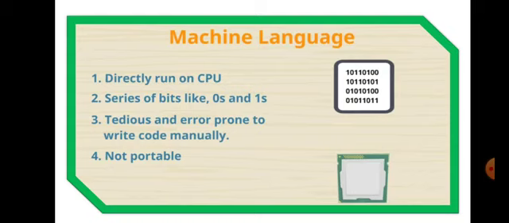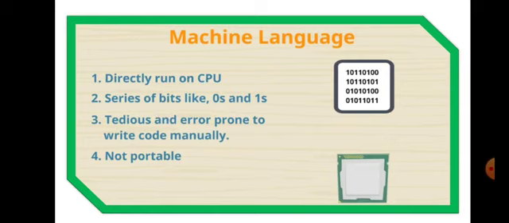Number 2, series of bits like zeros and ones. The term bit is coming from binary digit. First letter B, second letter I, and the last letter T from the binary digit is taken as bit, and the bit is in the form of 0 and 1.